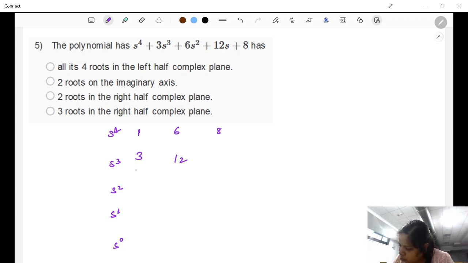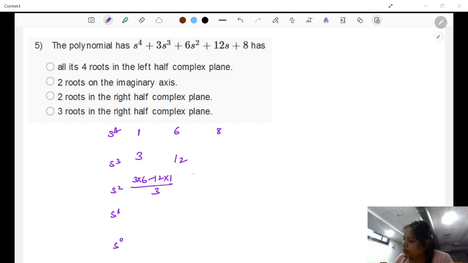You can find out the s square row, and it would be 3 into 6 minus 12 into 1 upon 3.